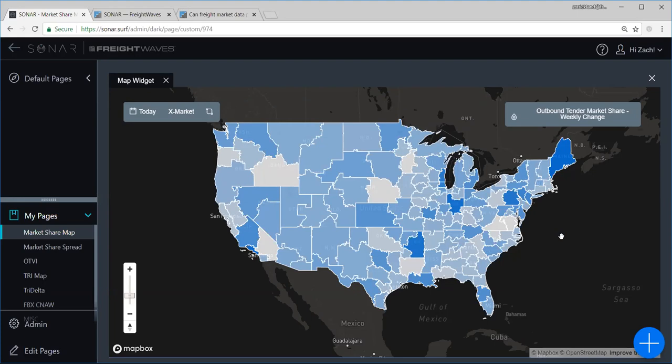And why are we looking at market share or volume before we're looking at tender rejections? What is the process that creates loads to be rejected? Why is it important to see what the market share is before, I guess? So volume basically leads any kind of activity.